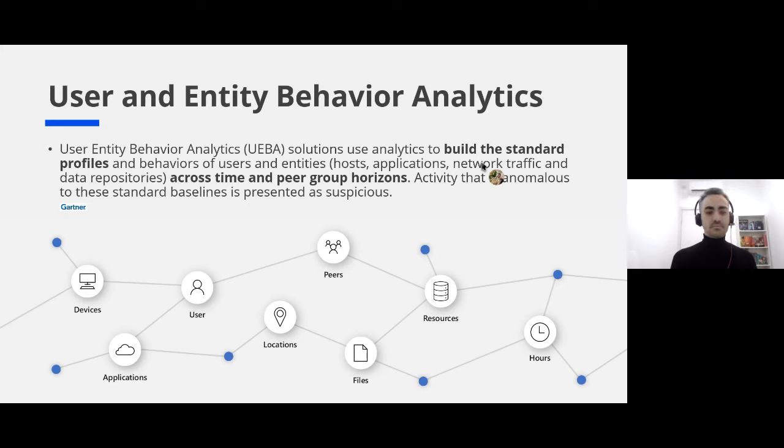Those behavior profiles contain basically what devices the user is accessing, what applications he or she is using, from which locations he is accessing those resources, what the regular working hours are that individual normally works, and all those things that really form the baseline or behavior profile of the entity. Then any activity that deviates from that baseline is raised as an anomaly and presented as suspicious for the users.